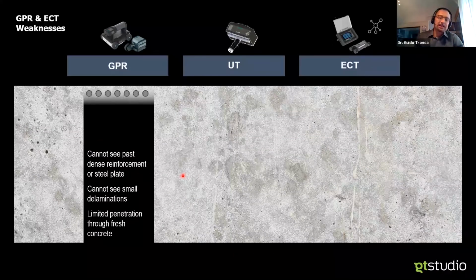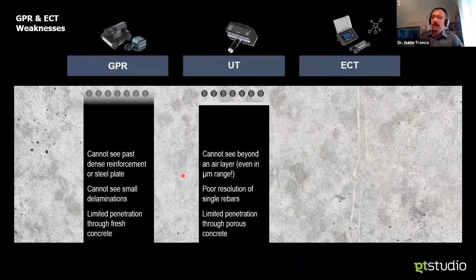And its performance goes down with conductivity. Hence, let's not expect great performance on fresh concrete. Ultrasonic tomography is a killer for air defects, but everything behind that air defect will be shielded.